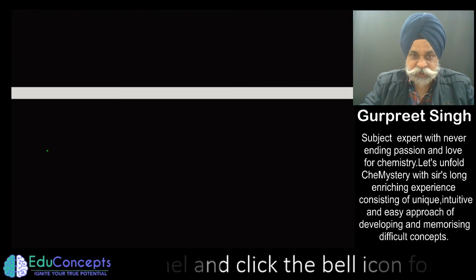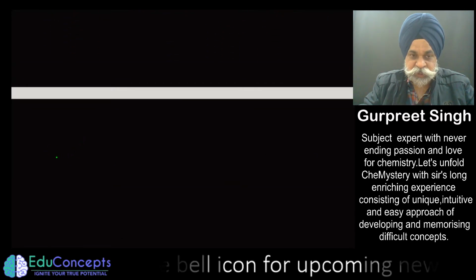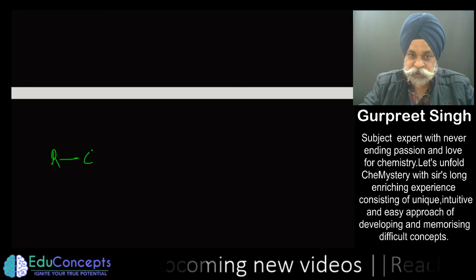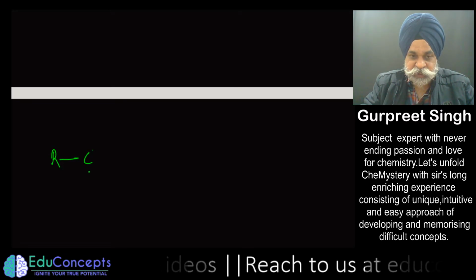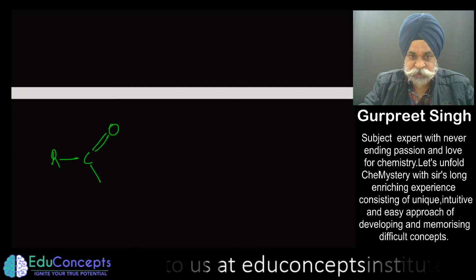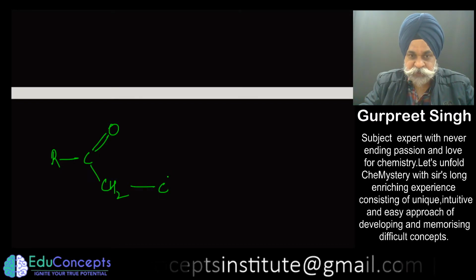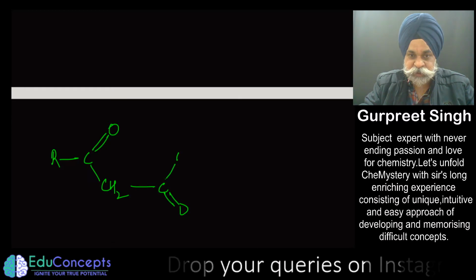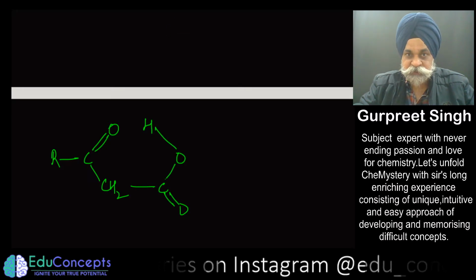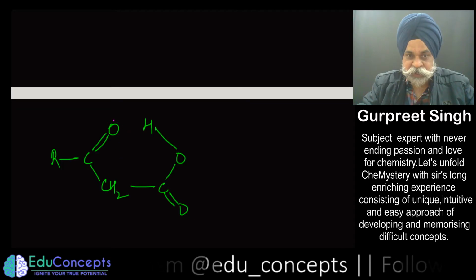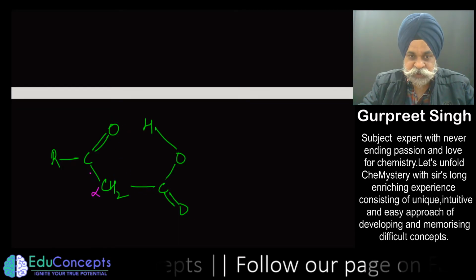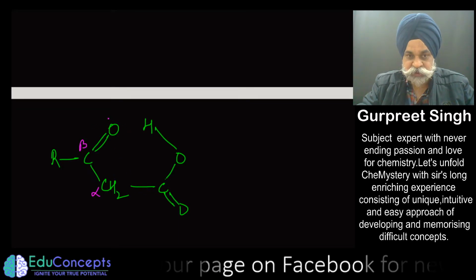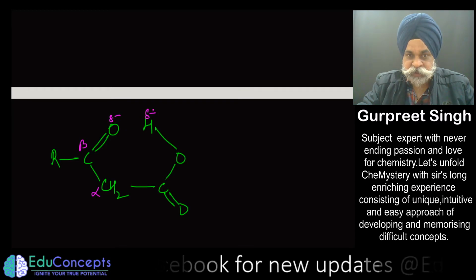So beta keto acid, why does it undergo decarboxylation? You can learn it like this: if you have this compound which we are writing as beta keto acid, just see, a beautiful chelation type of thing has happened. This is alpha, this is beta, so this is delta negative, this is delta positive.